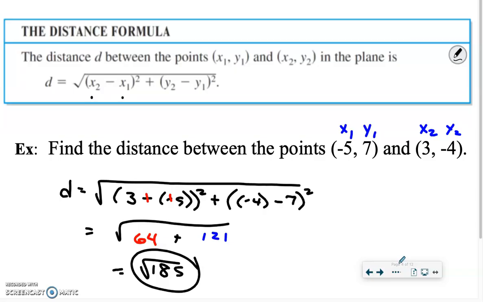Now, if this were a word problem, and I should have thought this out, we're calculating how much trim you have to buy for finishing your floor in the basement, and you go to Home Depot and you say, all right, I've got all my calculations. Guy at Home Depot, could you help me out? I need the square root of 185 feet of this trim.